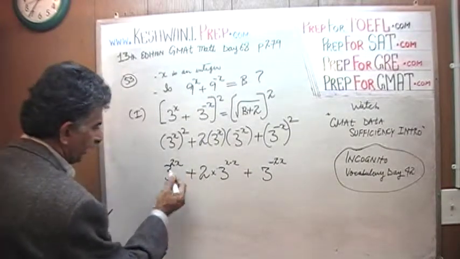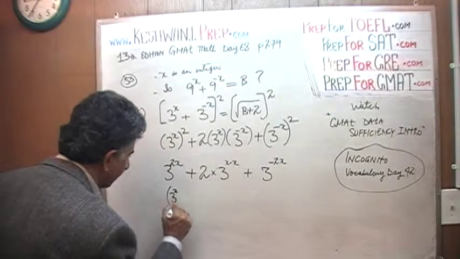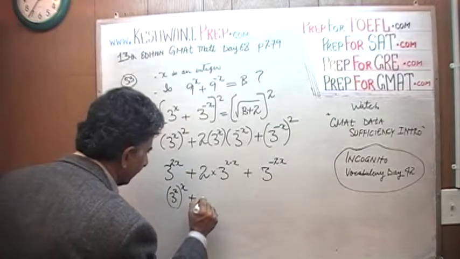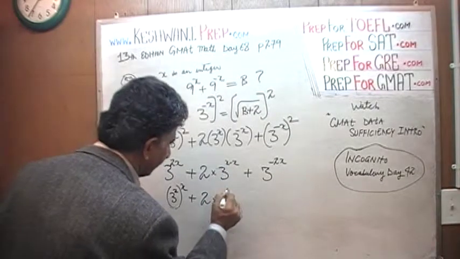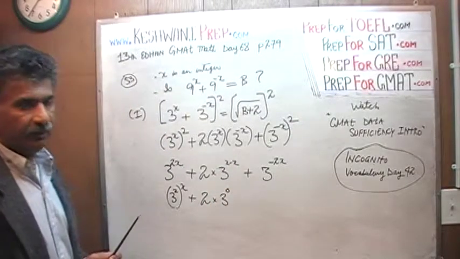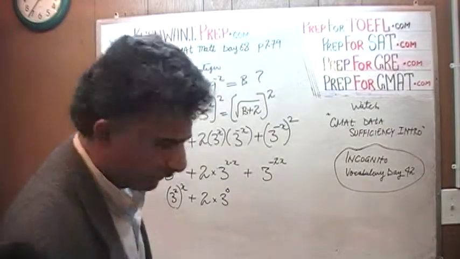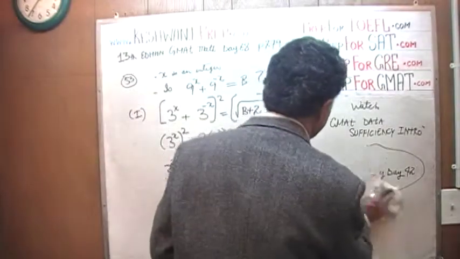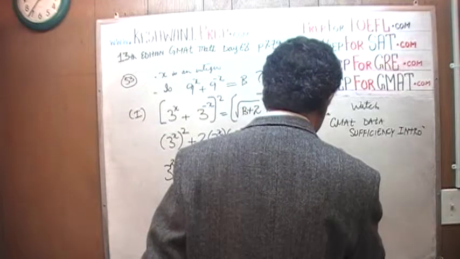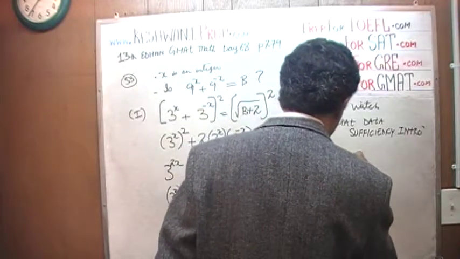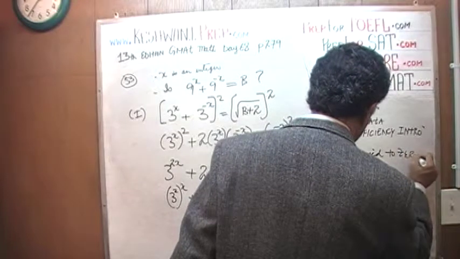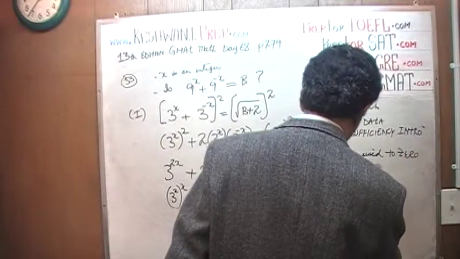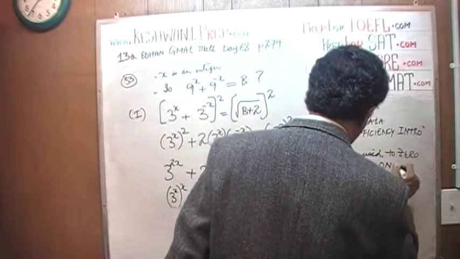3 raised to 2x is the same as 3 squared raised to x. And 3 raised to x minus x is 3 raised to 0. Any number raised to 0 equals 1.